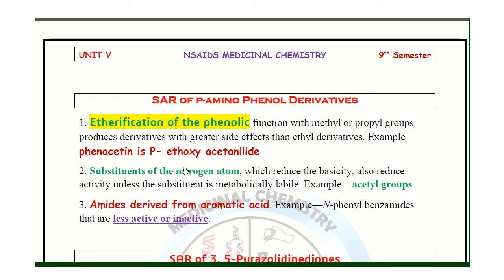Later on, it was also observed that phenacetin has nephrotoxicity, and it was replaced by paracetamol.